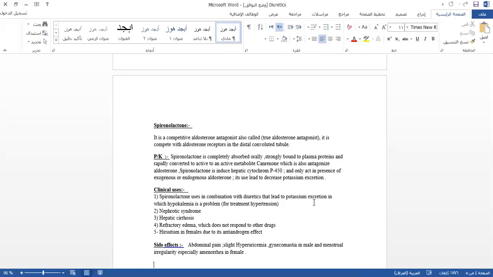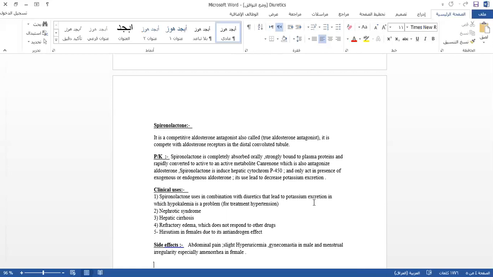Spironolactone, trade name Aldactone, induces hepatic cytochrome P450 and acts only in the presence of exogenous or endogenous aldosterone, because its mechanism is competition with aldosterone. If there is no aldosterone, there is no diuresis induced by this drug, no benefit from using spironolactone.